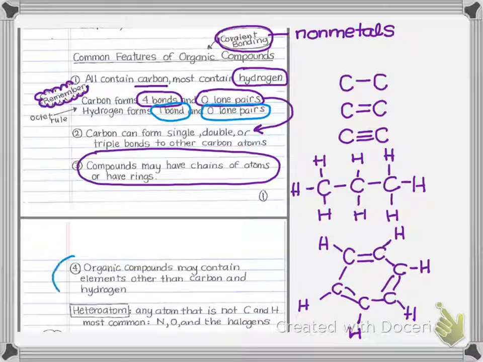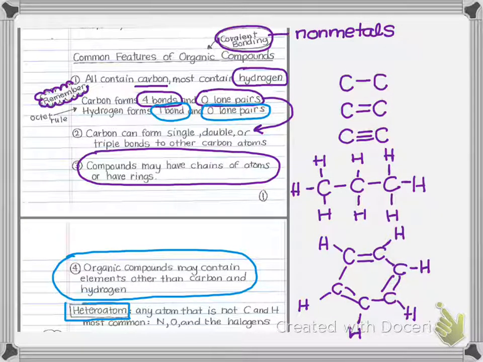Now we can have other elements other than hydrogen and carbon, and any element that's not hydrogen or carbon is called a heteroatom. So elements that are not carbon and hydrogen are called heteroatoms.